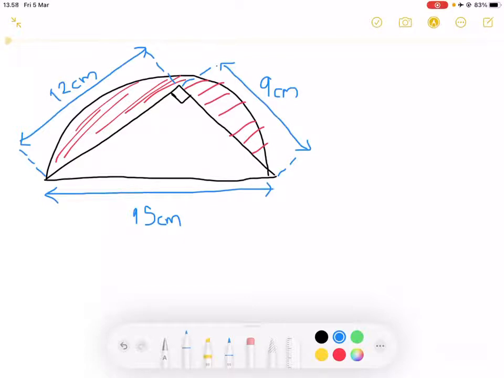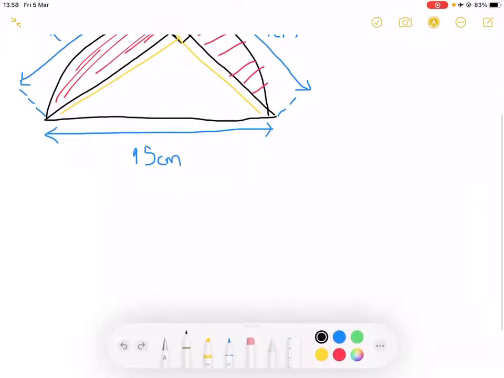Alright, and with this we can just calculate the perimeter of the shaded area, which is this length right here, 12 centimeters, plus this length right here, plus this arc right here. And we can calculate this arc very easily. So the perimeter of the arc is just half of the circumference of the circle that was originally built into this.